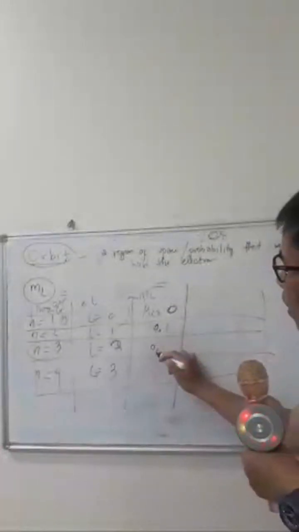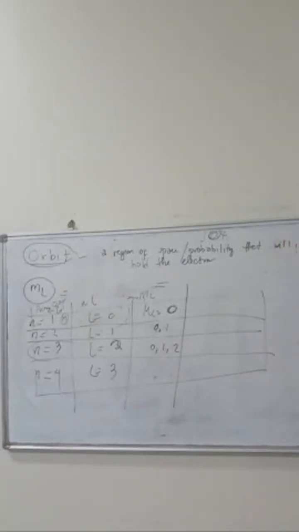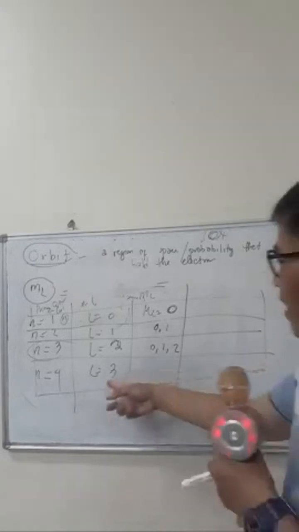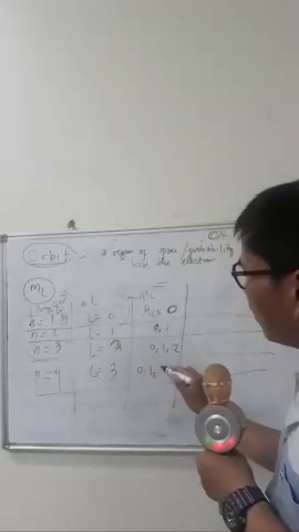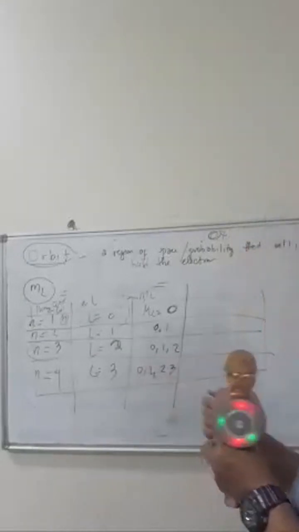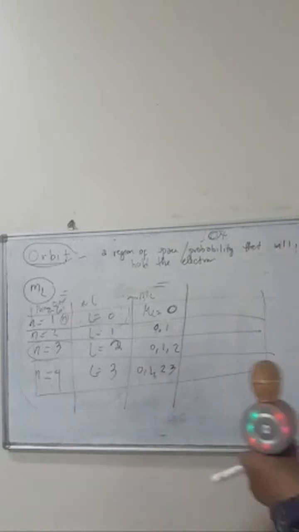Now, in your azimuthal 2, you say 0, 1, 2, right? Take note of this carefully. And for 3, it will be 0, 1, 2, 3. That would mean like that in your ML.